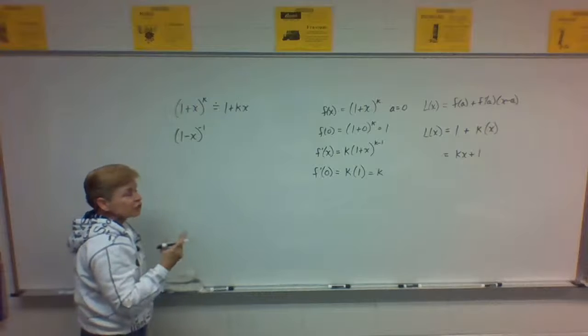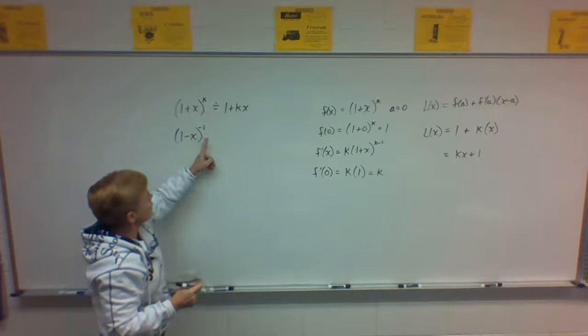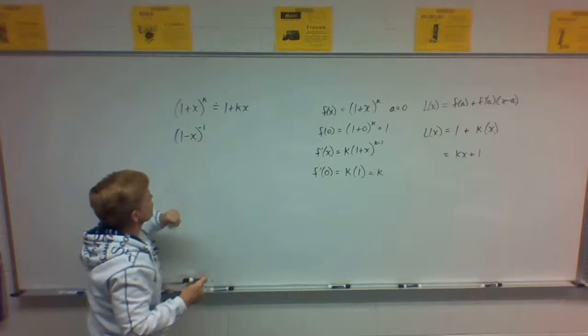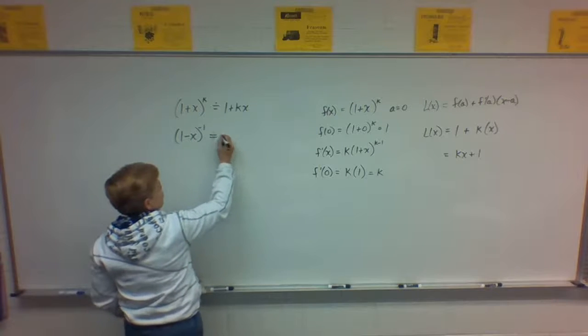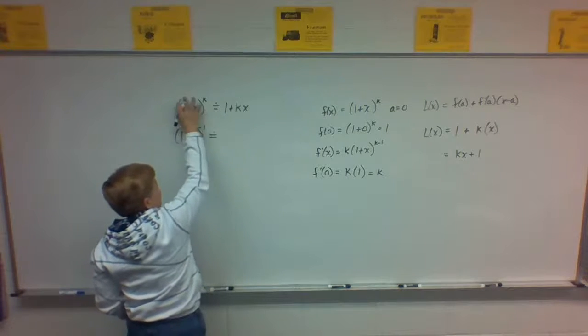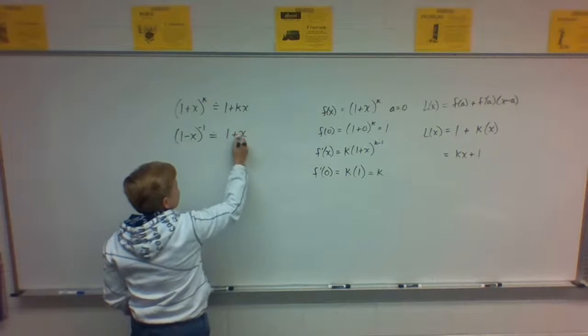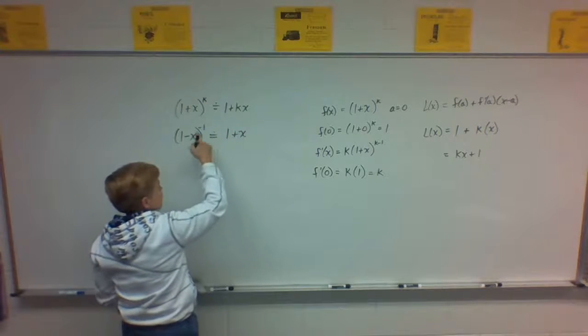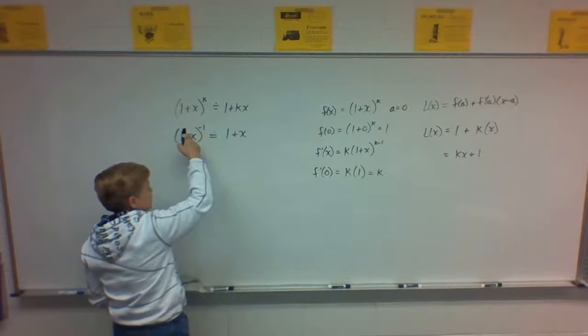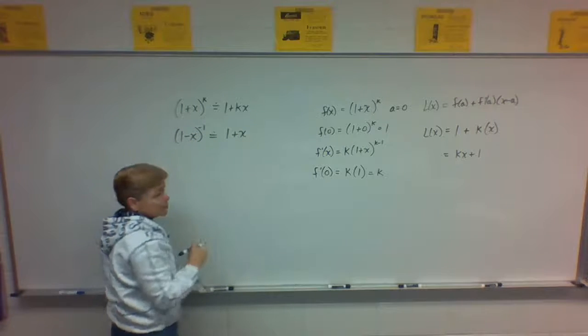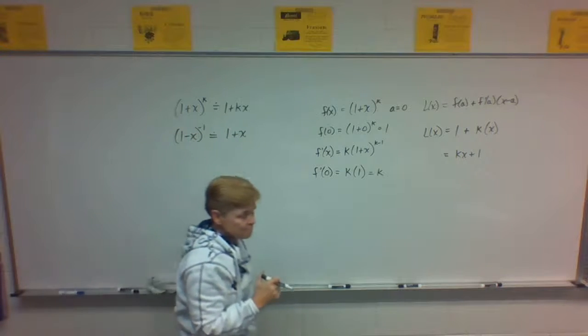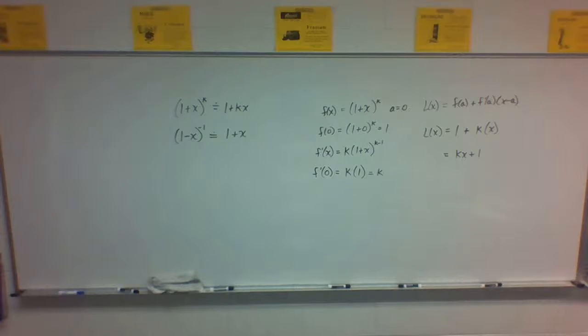That's the trick, to write it with an exponent so you can tell what k is. What is that approximately equal to? 1 plus x, because it's negative 1 times negative 1, which is positive 1 x. We good? That one wasn't so bad, but you have to see what's going on.